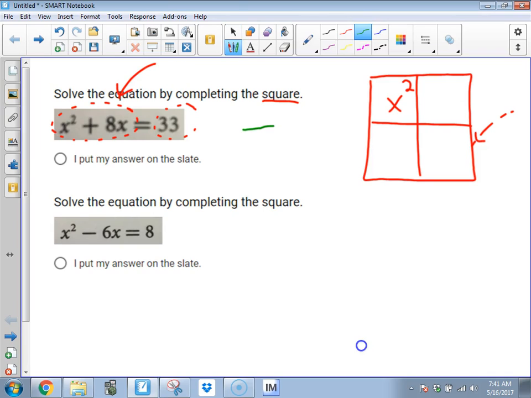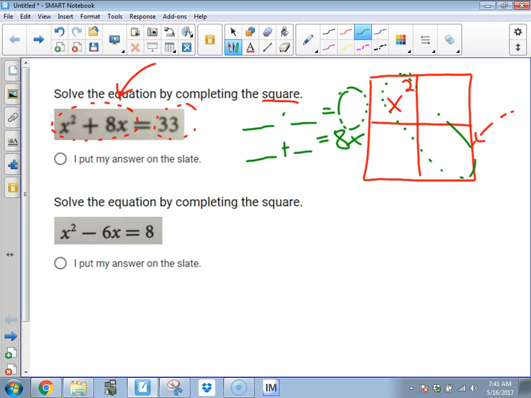Remember that in our little puzzle, we have to multiply two things to get something, but we don't have that number. But I do have what it should be adding to. The middle term here is the 8x, so 8x goes right there.